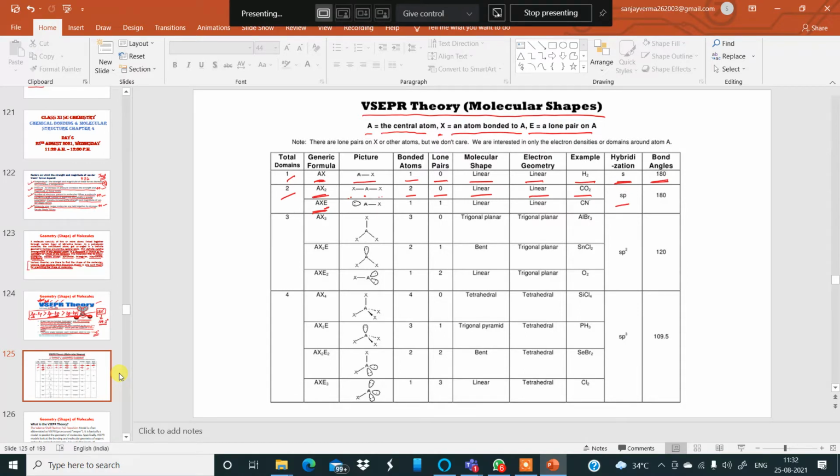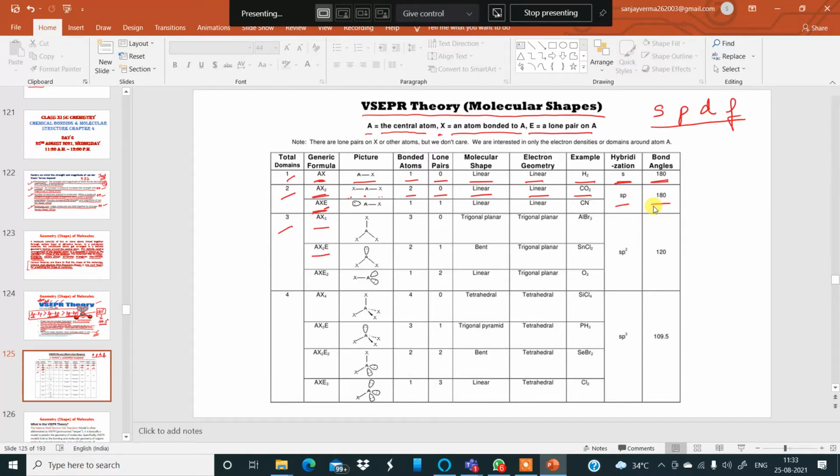Hybridization in short means mixing of atomic orbitals. If atomic orbitals like s, p, d or f orbitals mix among each other to form orbitals having the same energy, this mixing is called hybridization. The bond angle in this case is 180 degrees.